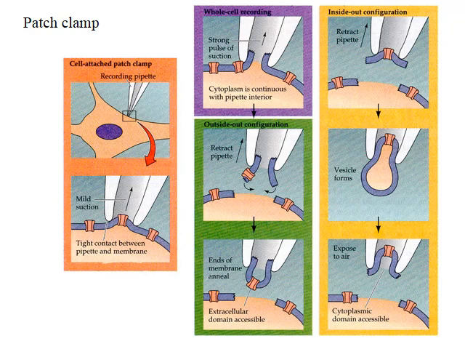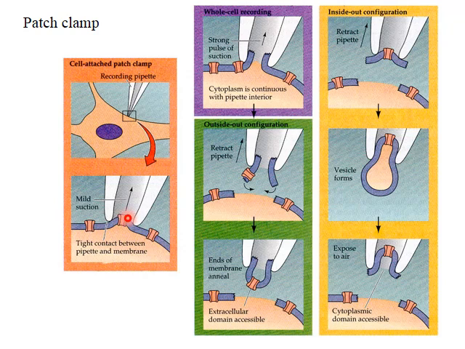Now there are several different ways in which the patch clamp technique can be used, and we will discuss these here. These diagrams illustrate the different modes of the patch clamp technique. As we have already discussed, when doing a patch clamp recording, one presses the patch clamp electrode against the surface of the neuron and applies suction.